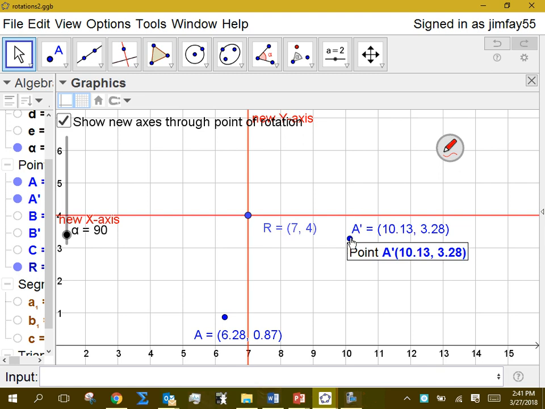Does that make sense? Because that's not at an intersection of grid points or grid lines. So using the formulas would be the best thing there.